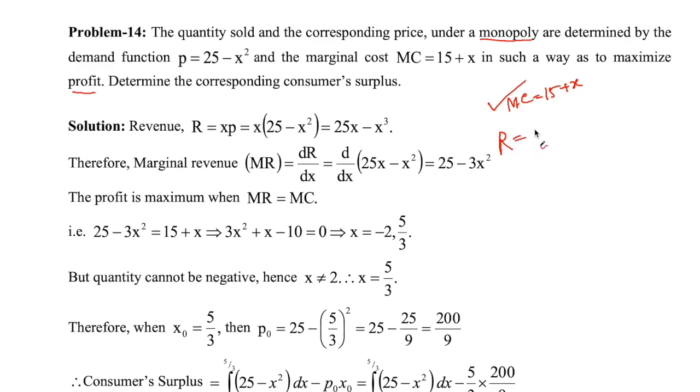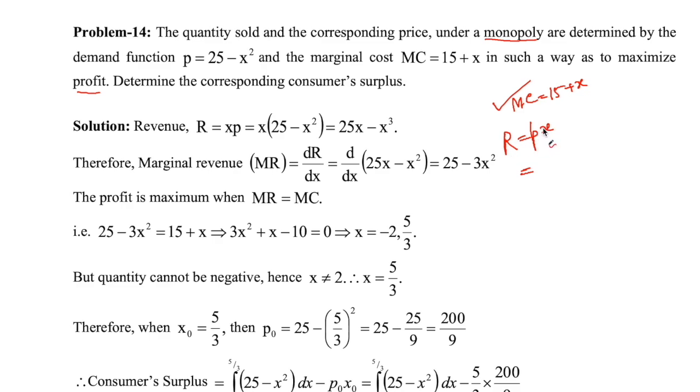We know revenue equals price times quantity, Px, right? In the first chapter you studied revenue equals selling price per unit times quantity. Now p is given as 25 minus x square, so 25 minus x square into x, which is 25x minus x cube. This is your revenue function.